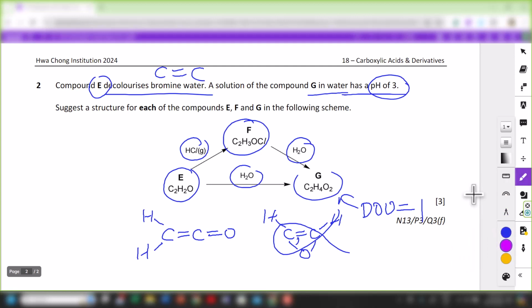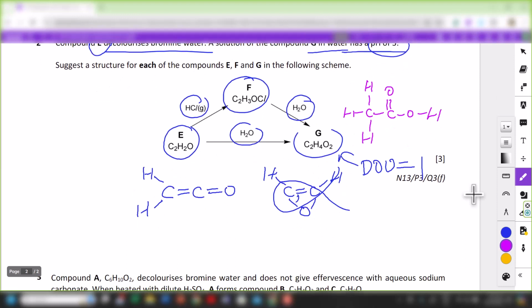Okay, so let's try to draw this out. Let's try to draw one with a C=O double bond. Okay, there we have a carboxylic acid, OH. Okay, so that means that H2O adds across the C=C double bond instead of the C=O double bond.